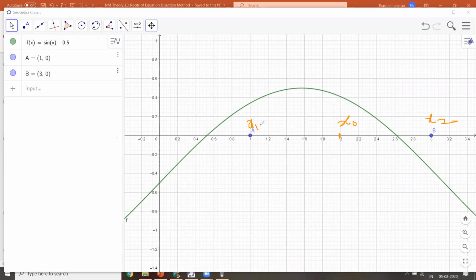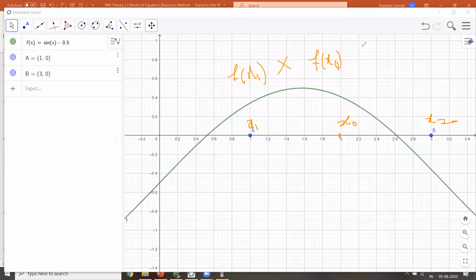Okay, so if I put the x1 value, that is 1, in this equation f of x, you get f of x1. Then you put this new value x0 in the function of x. Now even if you don't have graph paper, you can solve on a calculator. Okay, so you will get two values, f of x1 and f of x0. Then multiply them.